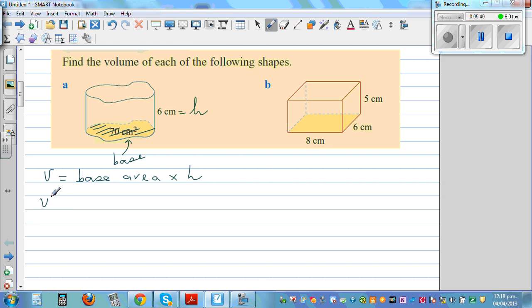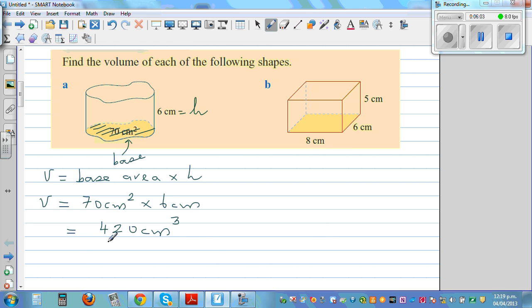It's always good to write the unit so that you understand. So this is 70 centimeters squared times 6 centimeters. So 70 times 6 is 420 centimeter cube.